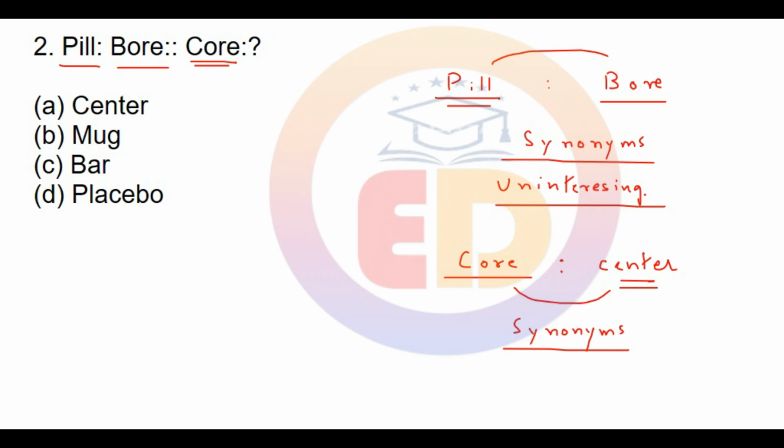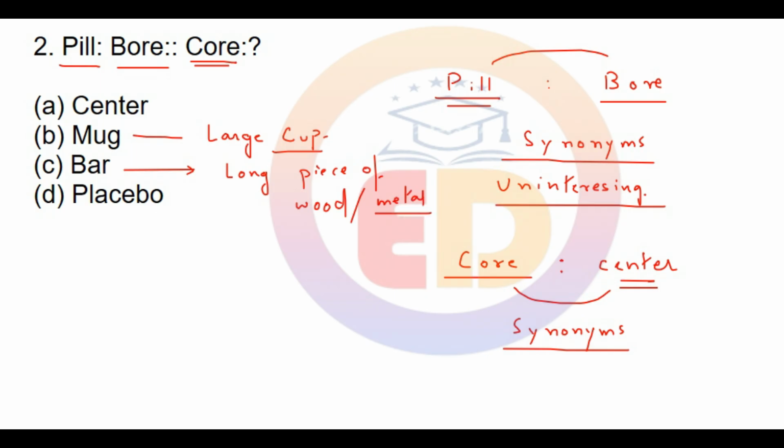Here there are some more words given, like mug. Mug is a large cup. Bar. Bar is a long piece of wood or metal. Placebo.